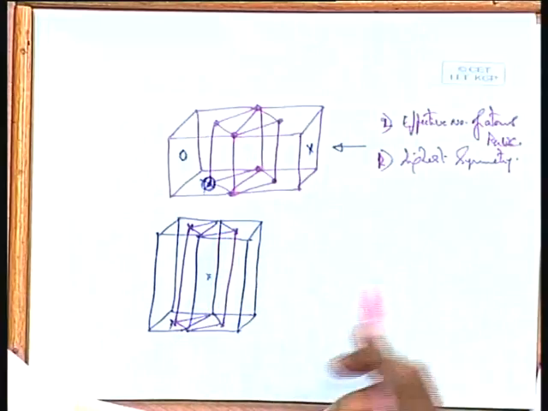A simple tetragonal has a lower number of atoms per unit cell than a base centered tetragonal, and both have the same symmetry, because this is also tetragonal, that is also tetragonal, is it not? Obviously, the new one that we are creating is also a tetragonal.